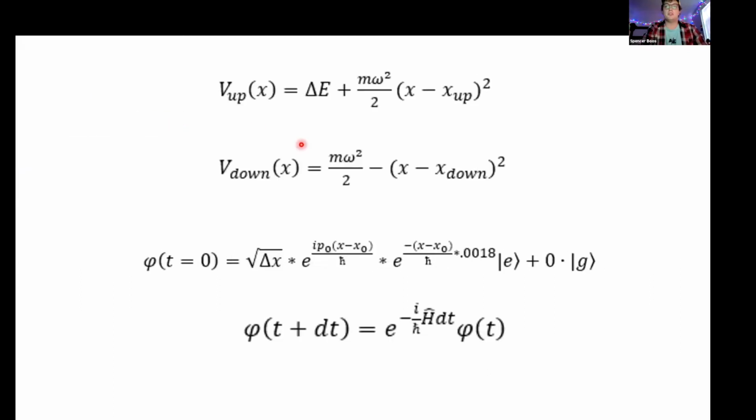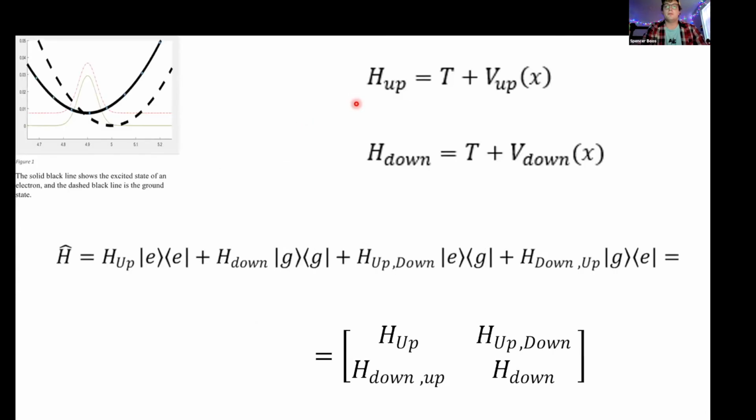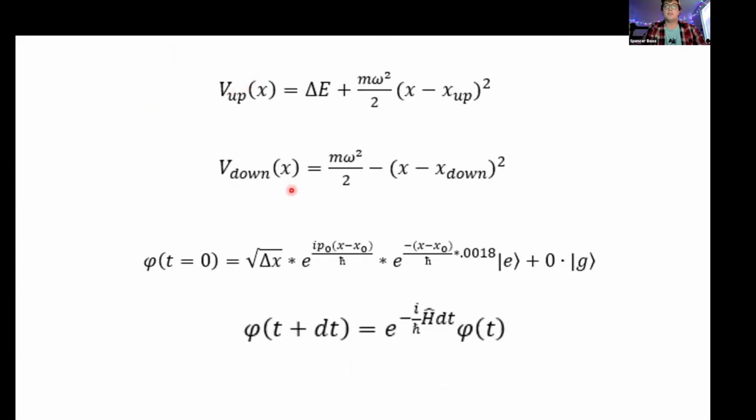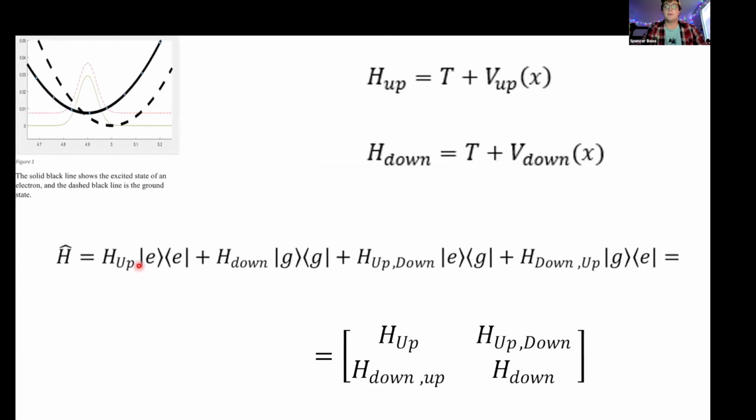To the Hamiltonian, we have these two V up and V down. For the Hamiltonian, we have the H up and the H down. We have these four terms. But in general, how do you construct a Hamiltonian? What terms contribute? Which kinds of energy contribute to the total energy?